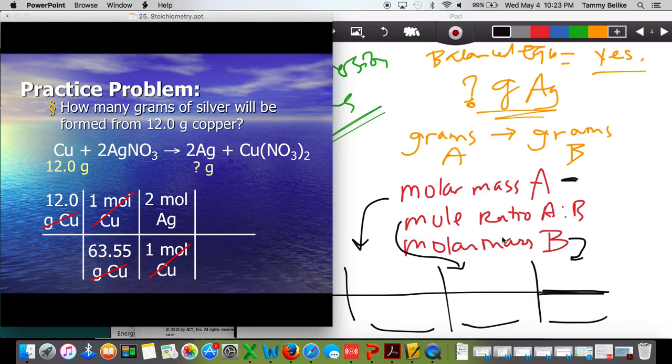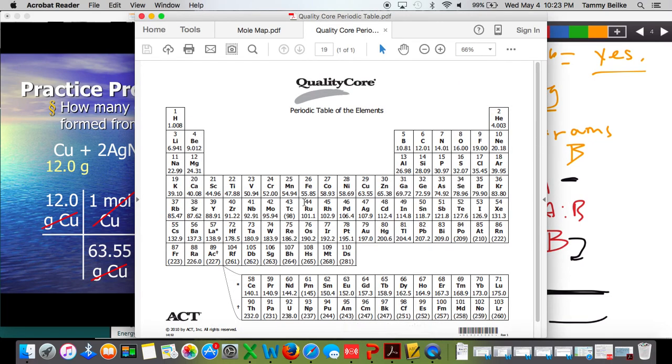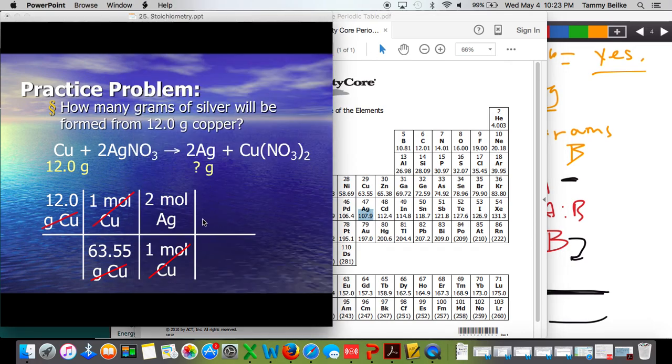So the last piece is to use the molar mass of B, as shown in my template over here. Molar mass of B, well, B is silver, so I just go to my periodic table. I say, oh dear silver, how much do you weigh? 107.9. Okay, that's grams per mole. I have moles on top. I want moles to cancel, so I want moles on bottom.